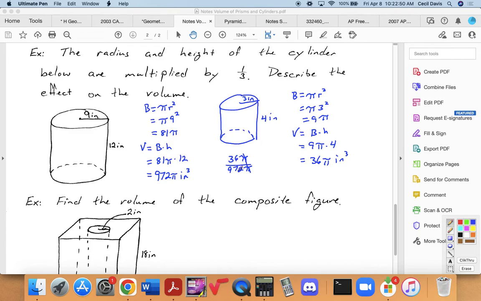Well, now I need to reduce this. What are both of those evenly divisible by? 9? Okay. 9 goes into 36 4 times, and 9 goes into 972 108 times. Okay, you can divide both of those by 4. That's 1, and this is 27. So it's 1/27.